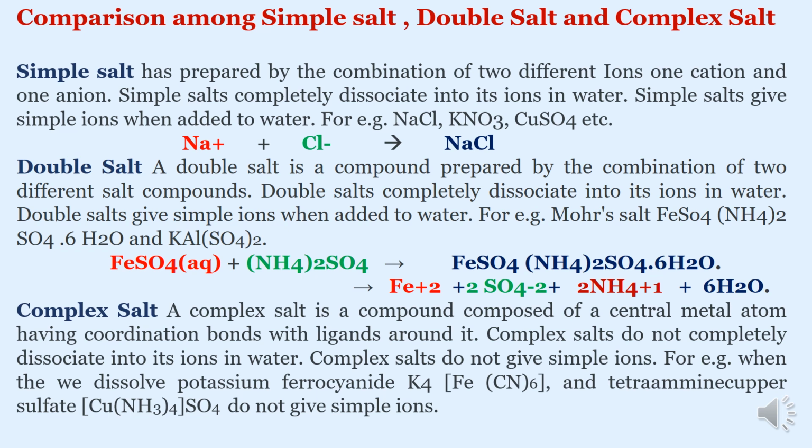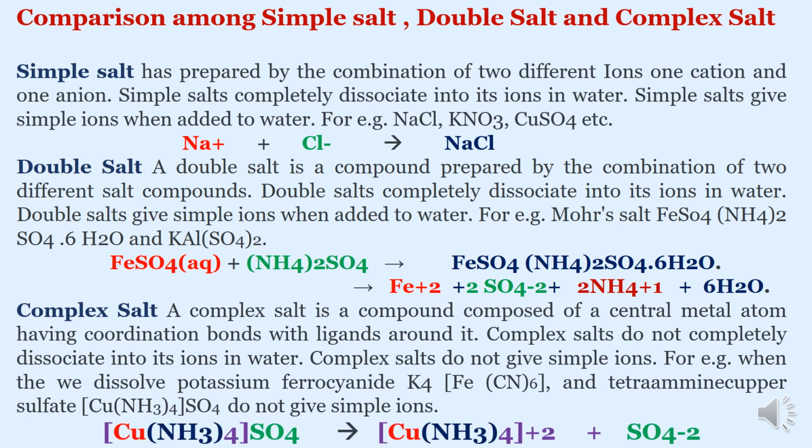For example, when we dissolve potassium ferrocyanide and tetraamine copper sulfate, they do not give simple ions. During dissociation of tetraamine copper sulfate after dissolving in water, the product is not simple ions like simple salt and double salt.